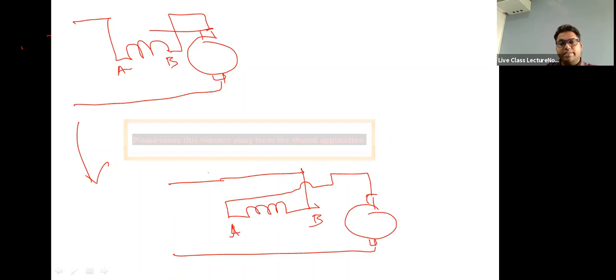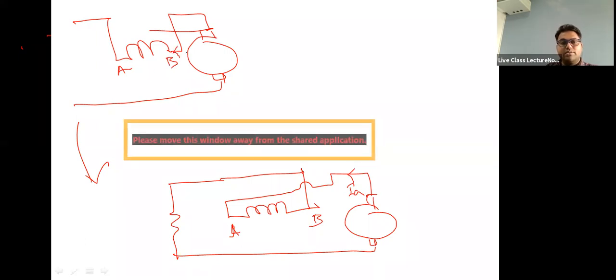So in this way, the armature current will be flowing out of the motor, but it will maintain the same direction. Say it is... did I make a mistake? Yeah, it is correct. So in the motoring mode, the current was flowing from A to B. Is it not so?